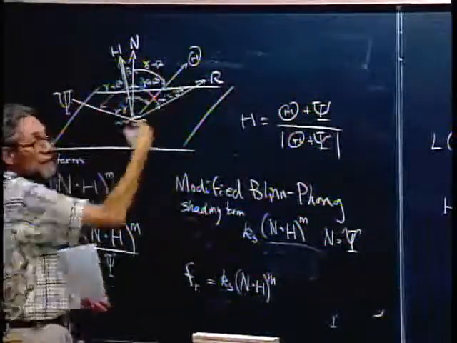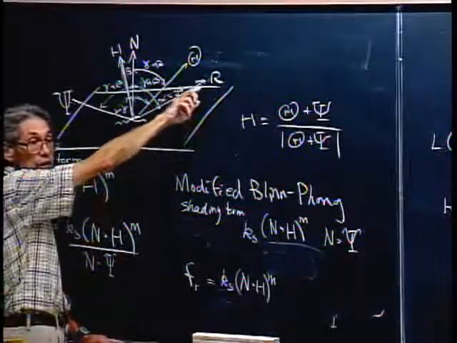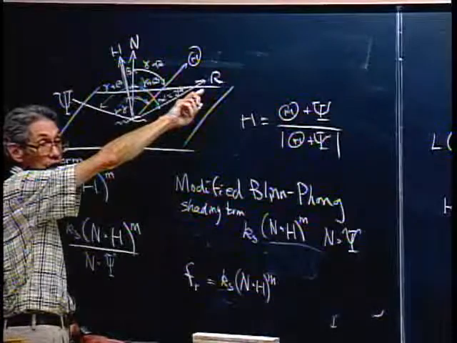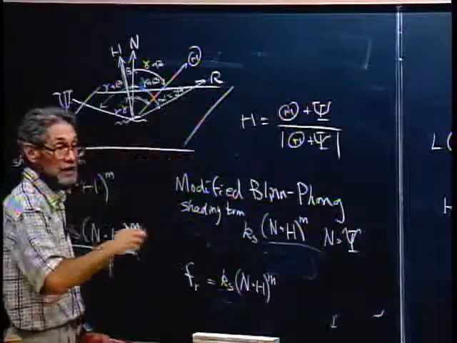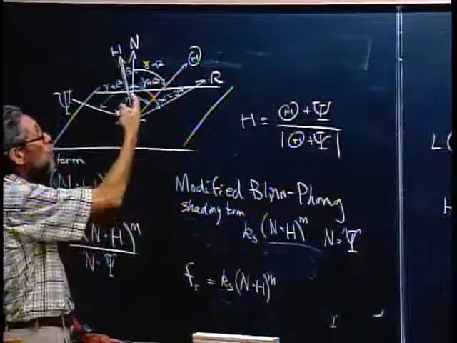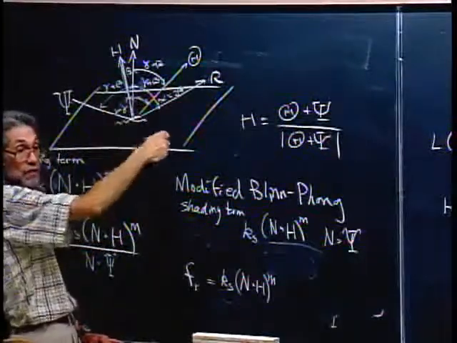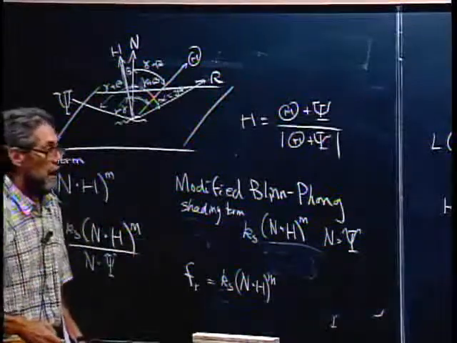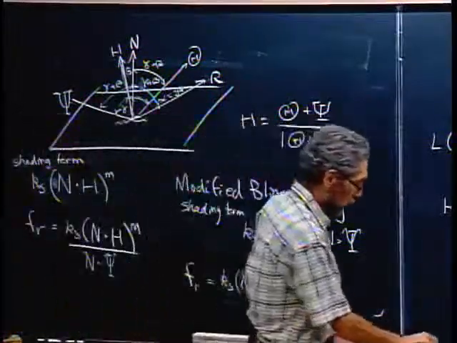It's that microfacet that actually gets you in this off-specular direction. And then it's the distribution of the microfacets. How many of them have tilts a certain amount away from the normal, which will give you the shape of that glossy highlight. And we'll talk about that near the end of the quarter.